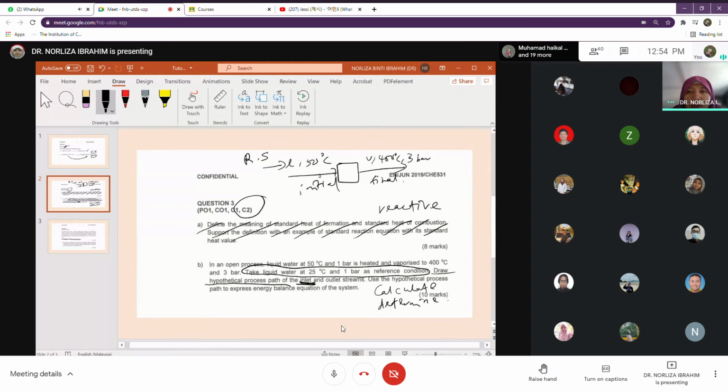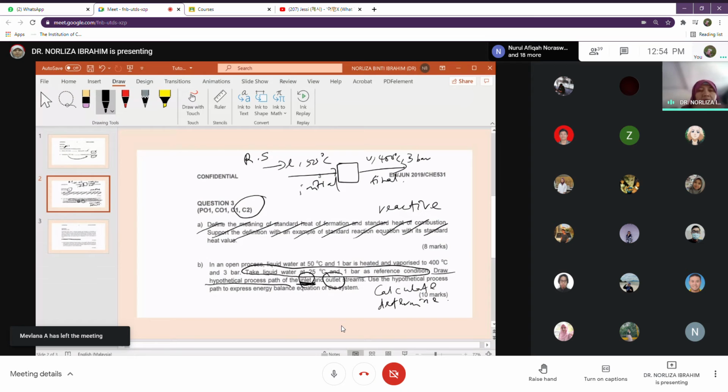Okay, if you refer to the question, it wants inlet and outlet, so you should split the inlet and outlet. You cannot go from the reference state for the inlet directly to the outlet. Cannot. So it's only one step. You stop at liquid 50 degrees C, 1 bar.